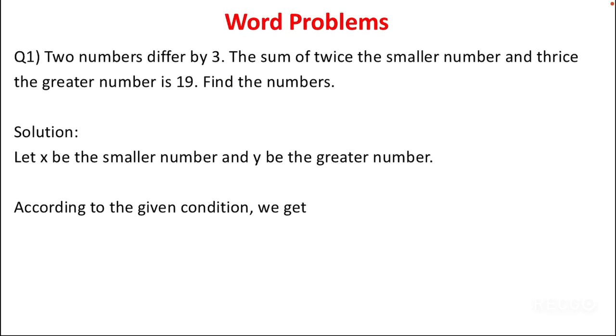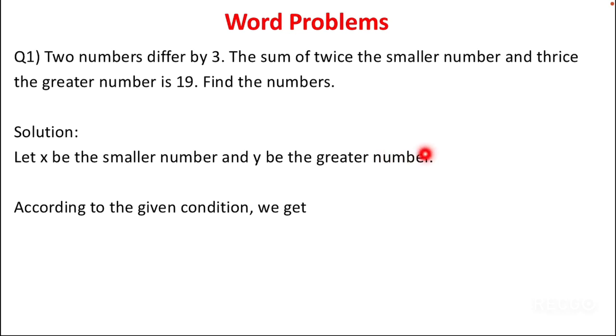Differ means the two variables are subtracted, by minus. So normally you will write x minus y is equal to 3. But over here if you write x minus y is equal to 3, then your equation will be wrong. Why will your equation be wrong? x is our smaller number and y is our greater number. If you do smaller number minus greater number, you will get a negative number.